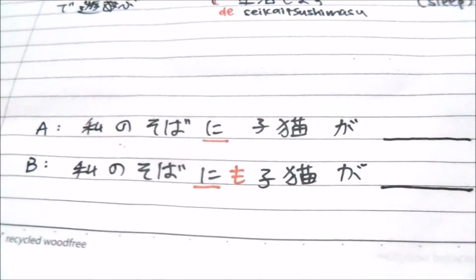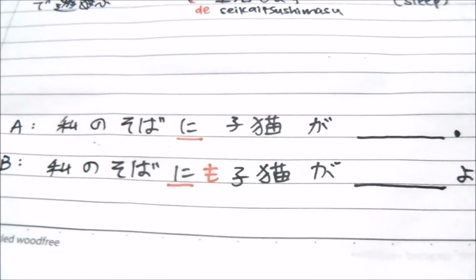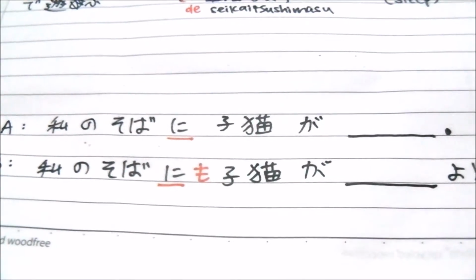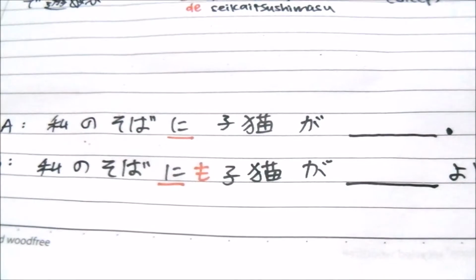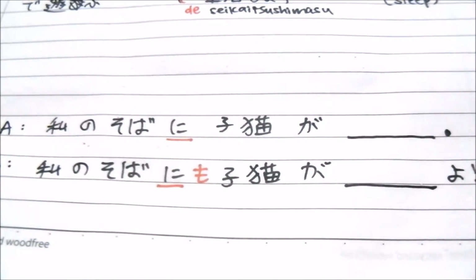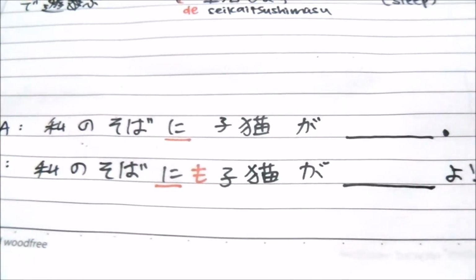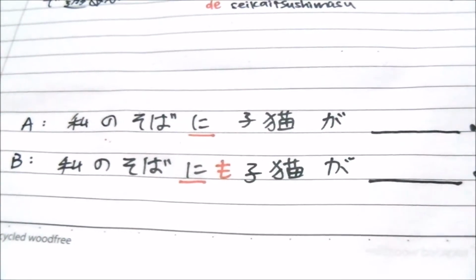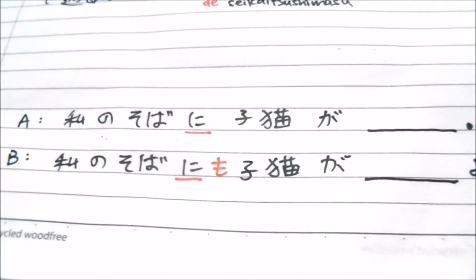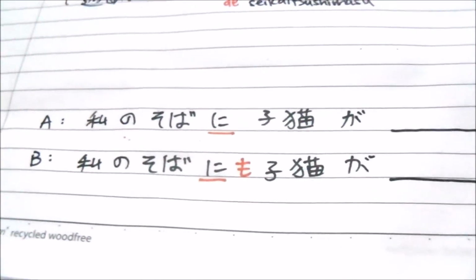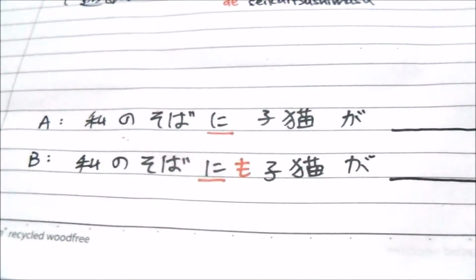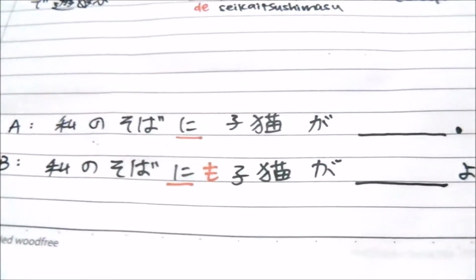So let's see here. A-san said, 私のそばに子猫が... Is it います or あります? います. Okay, so B-san also said, 私のそばにも子猫がいますよ. Over here, as you remember in Chinese, 也, it can also mean also.